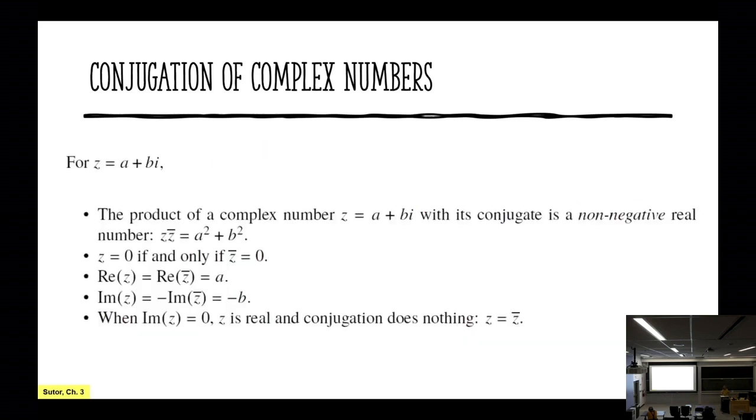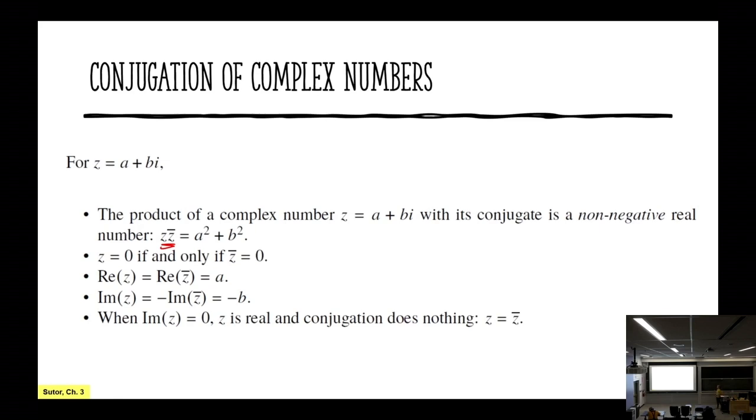And there's lots of other fun properties of conjugates. So if we have a complex number z equals a plus bi, the product of a complex number with its conjugate is a non-negative real number. So z times z bar is just a squared plus b squared. If z, our complex number, is 0, it can only be 0 if its conjugate is also 0.